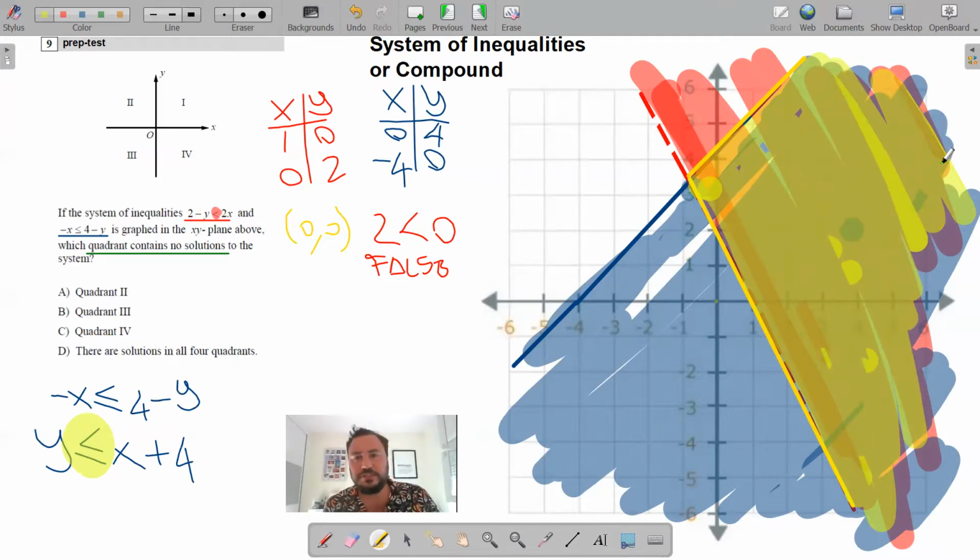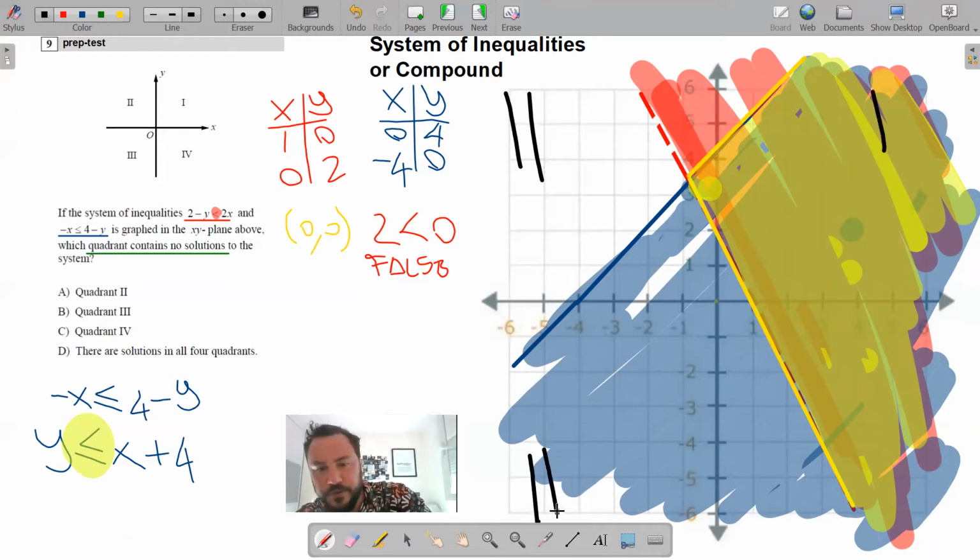Now let's try to answer this question, because the question was asking which quadrant contains no solution to the system. Here we're talking about a system, so it's only the yellow area that we're talking about. The quadrants are quadrant 1, 2, 3, and 4.